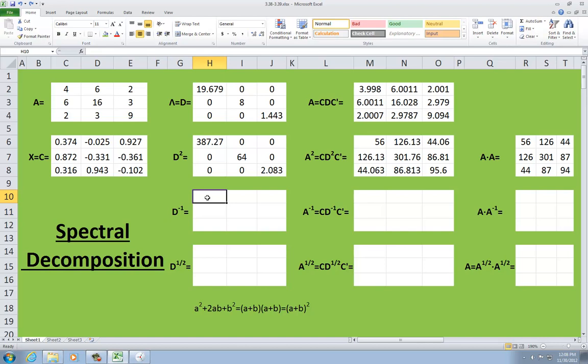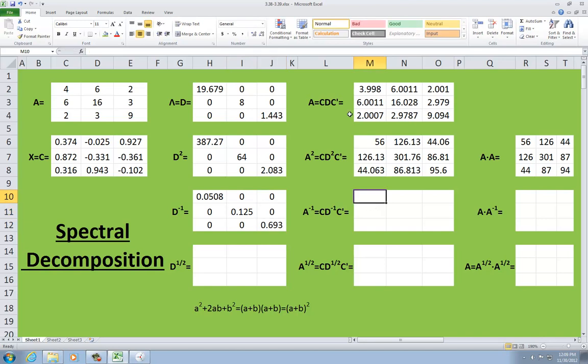So we can take this one, it can be equal to 1 over this first diagonal element. And that can be equal to 1 over the second one. And that will be equal to 1 over the third diagonal element. And the rest are just zeros.